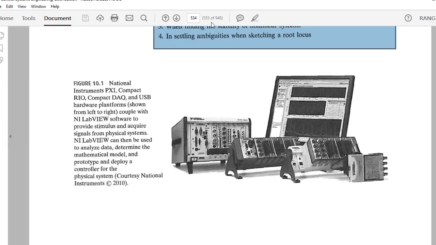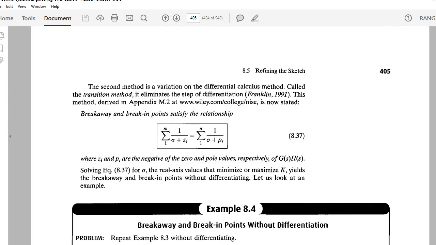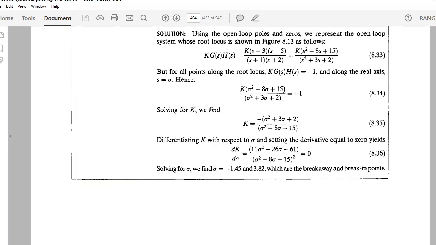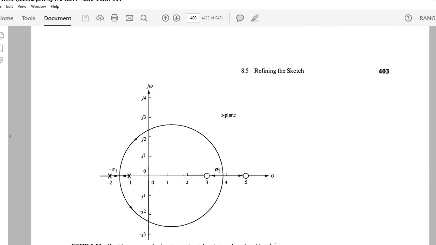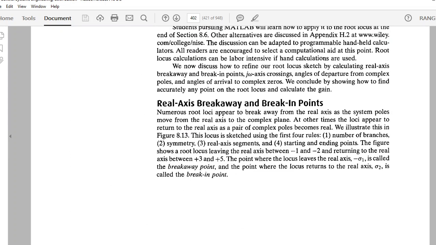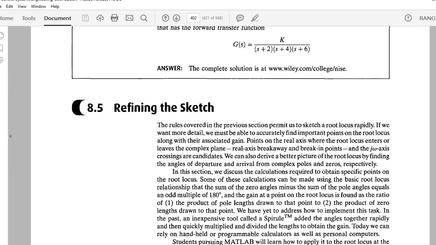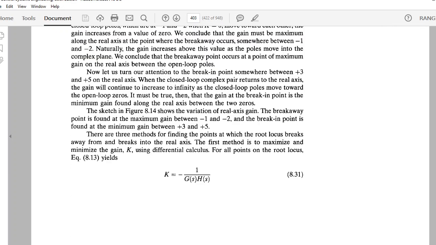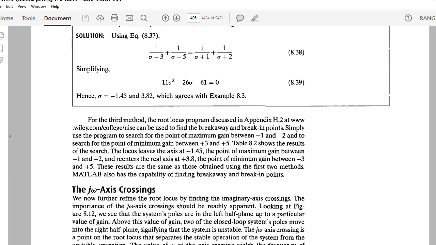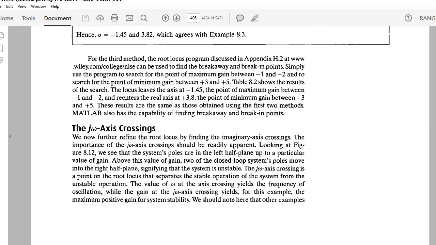Now, the reason why I say that is when we are talking about the root locus in chapter 5, we discussed these various concepts like finding the breakaway and the break-in points. Then we also looked at finding the j omega axis crossing.